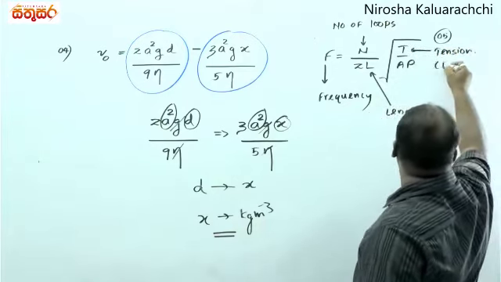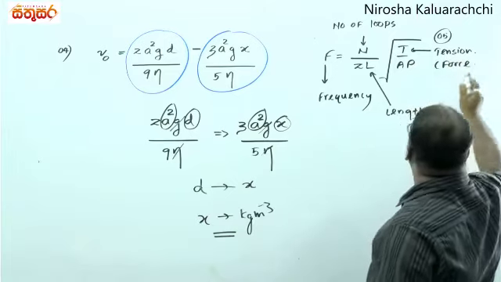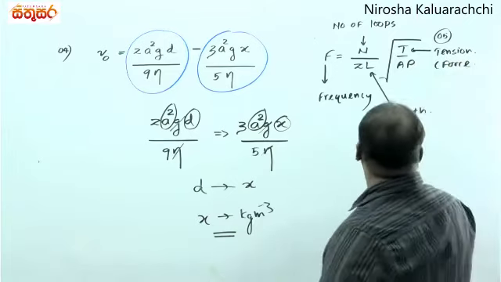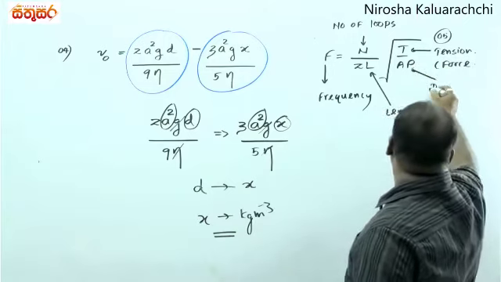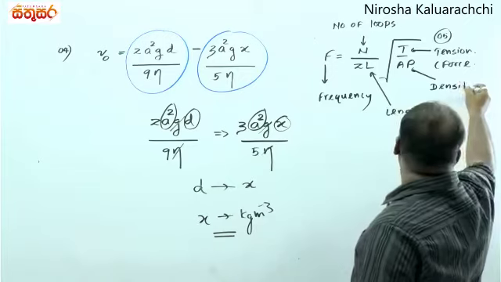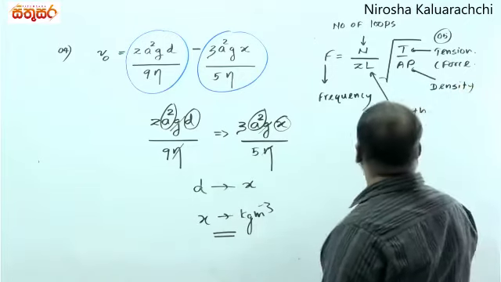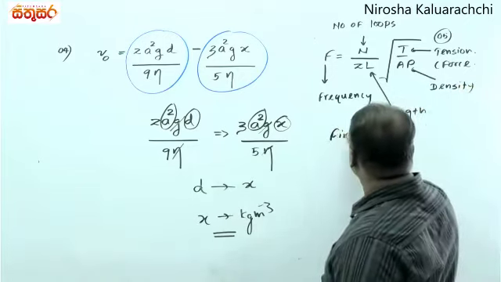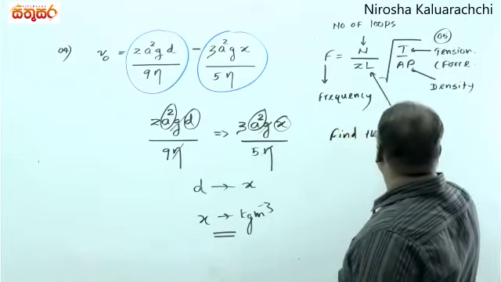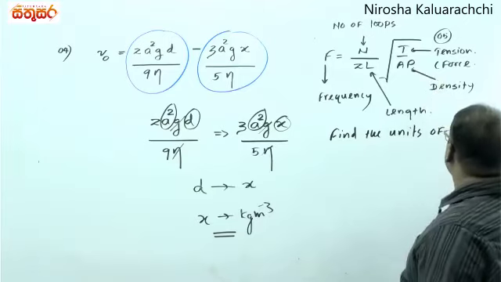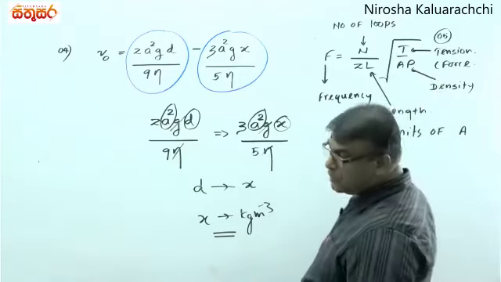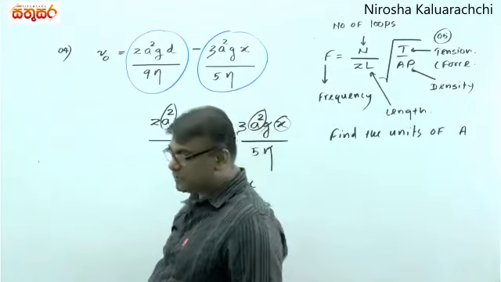Tension is force, right? Within brackets, force. Rho is density. Then find the units of A. The question is, find the units of A.